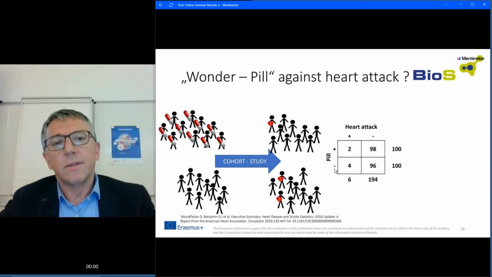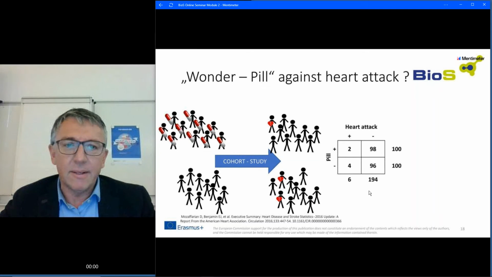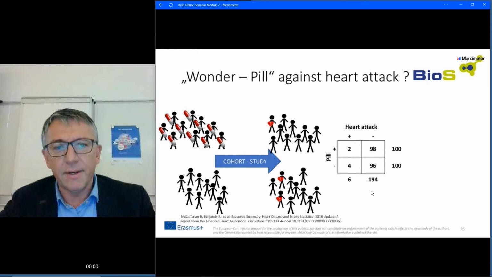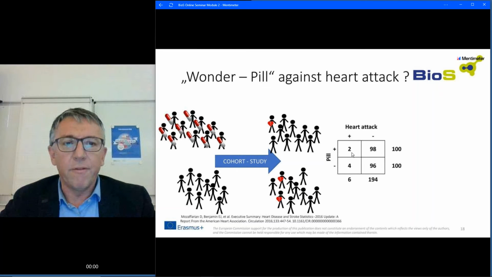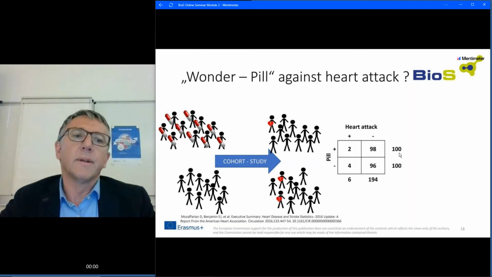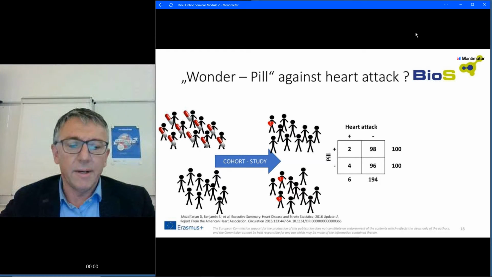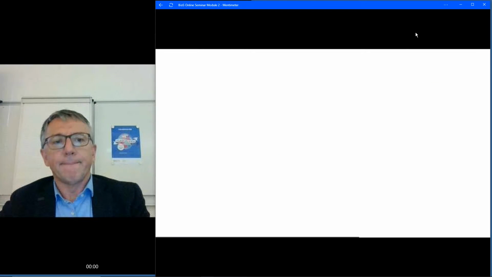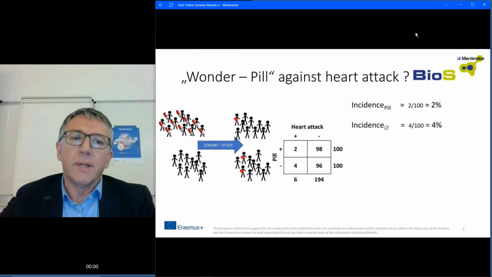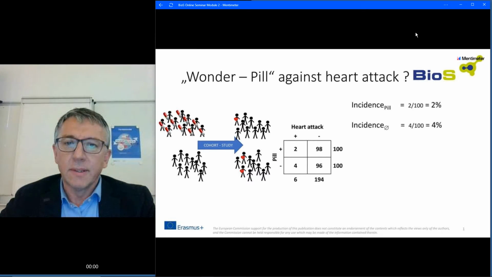Now, is this pill good or bad? Does this prevent heart attack or not? How can you measure the effect of the pill on the outcome of a heart attack? How do you assess this? Now, firstly, you can calculate the incidence, because this is a prospective study.